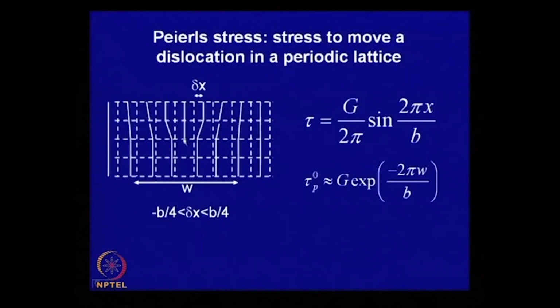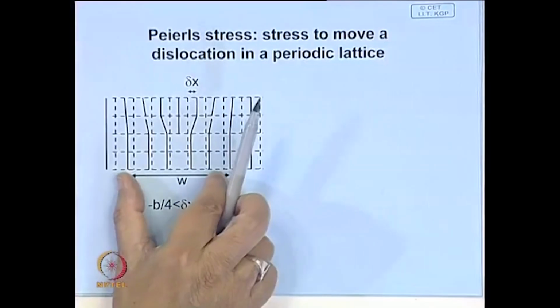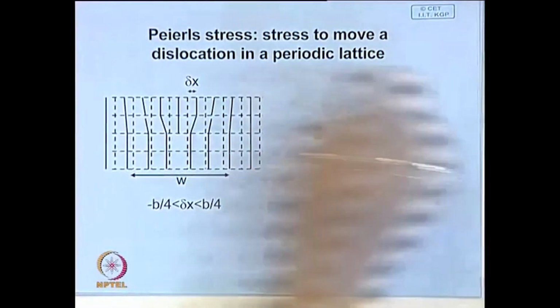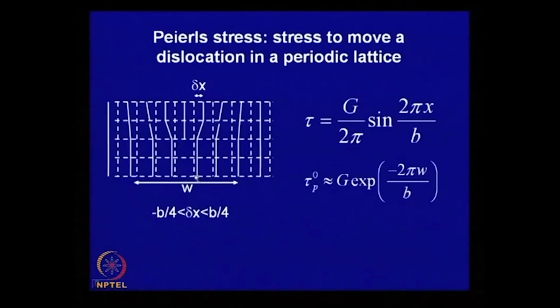Now, if you introduce an extra plane, these lattice lines get distorted, and this distortion persists over a length, and this length is called the width of the dislocation. Now, it is possible to show that the force or stress required to move this dislocation will depend on the width of the dislocation, and this was actually done by Peierls and Nabarro. They estimated it with some approximation.